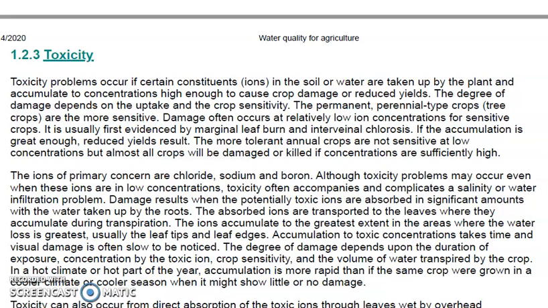The absorbed ions are transported to the leaves where they accumulate during transpiration. The ions accumulate to the greatest extent in the area where the water loss is greatest, usually the leaf tips and the leaf edges.